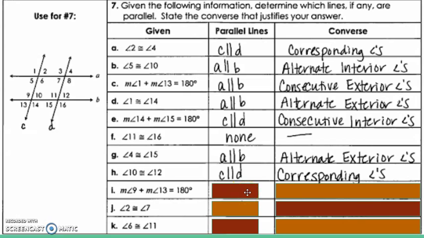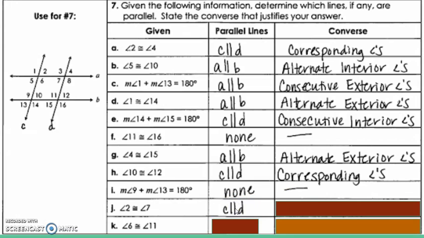For letter I, we have 9 and 13 equaling 180 degrees. Yes, that is true. Yes, they are supplementary angles, but that doesn't tell me anything about whether my lines are parallel. So that's another none. We can't say anything, so there is no converse. Angle 2 and angle 7. Line A is our transversal, and C and D are parallel, and they are alternate interior angles.